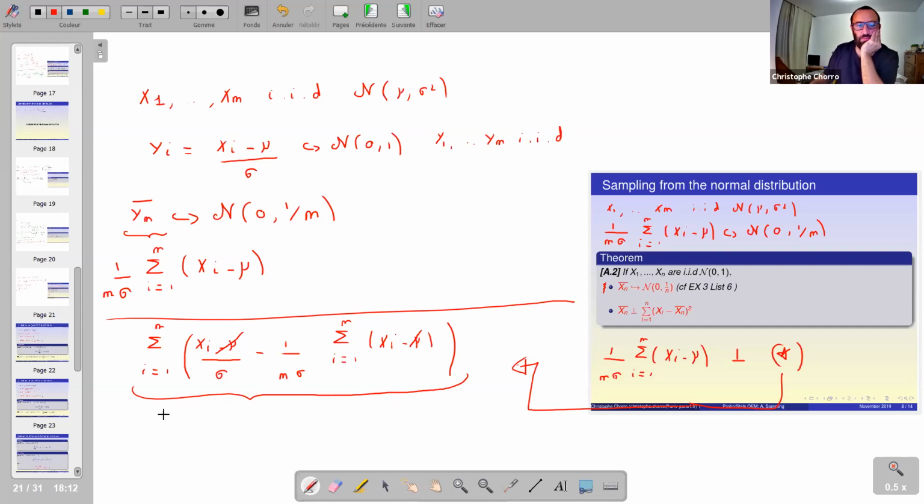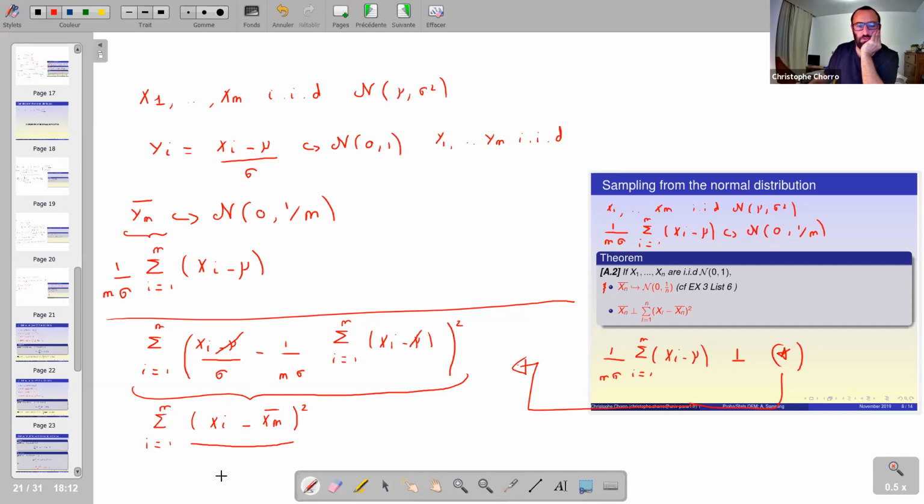So at the end, I obtain the sum from i equal 1 to n of (Xi minus X̄n) squared, because there is a square here, over sigma squared, if I move the sigma inside.